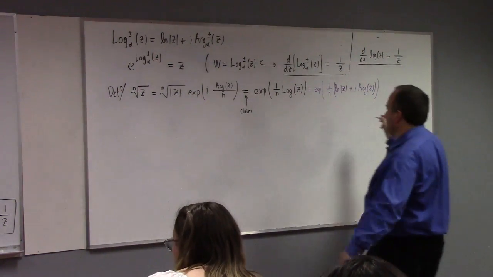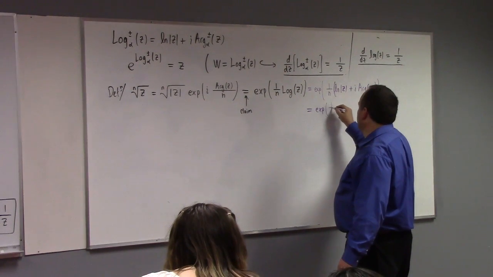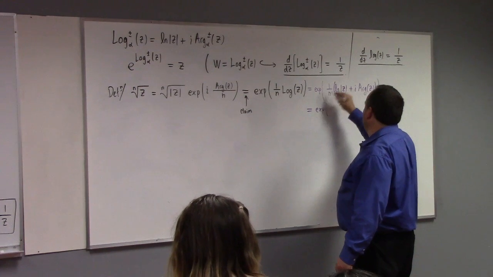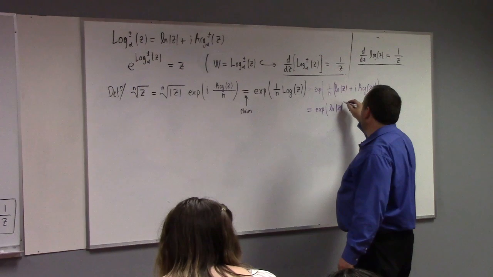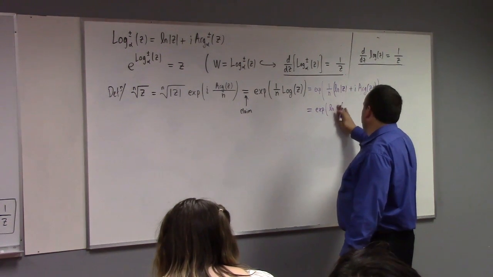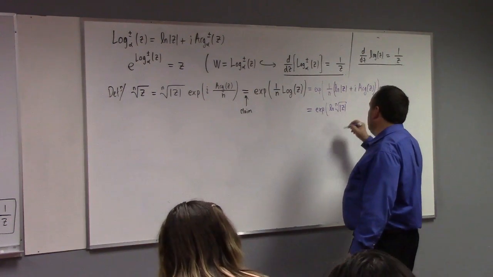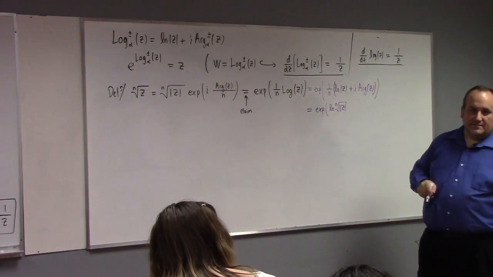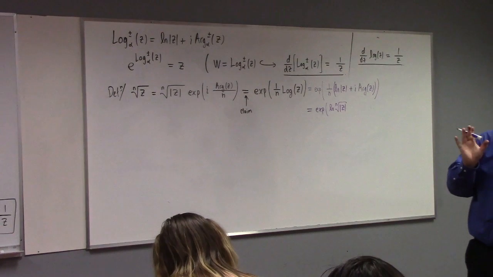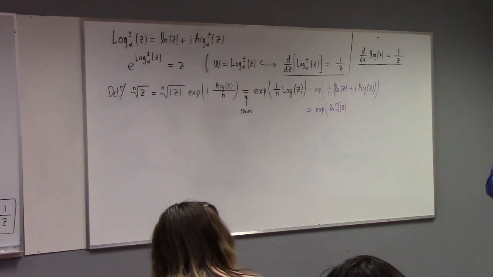So laws of exponents. This gives us the exponential of 1 over n times the natural log of the modulus of z, which is the modulus of z to the 1 over n power, but we don't write that in here, so we have to write the nth root of the modulus of z like that. Because this is a real number, and if I take the nth root of a real number, that's my notation in here. I only use the fractional power for the set of nth roots. That is my dogma.